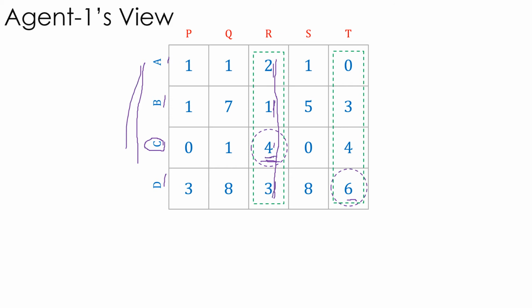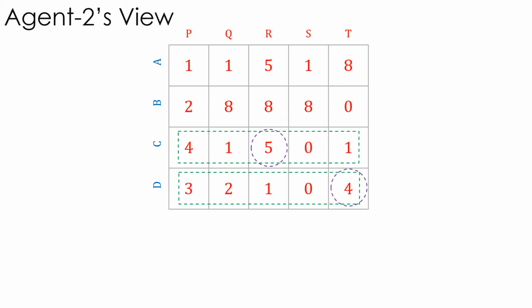Therefore, this agent has no incentive to deviate from this Nash equilibrium point. In a similar manner, this payoff 6 for the blue agent, agent 1, is the highest in this column. Therefore, this is a Nash equilibrium point.